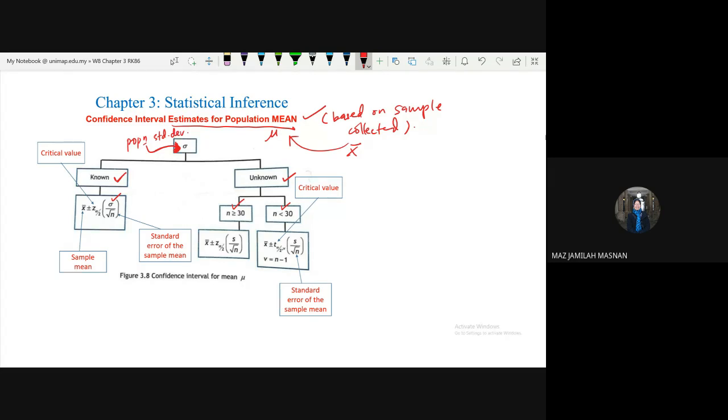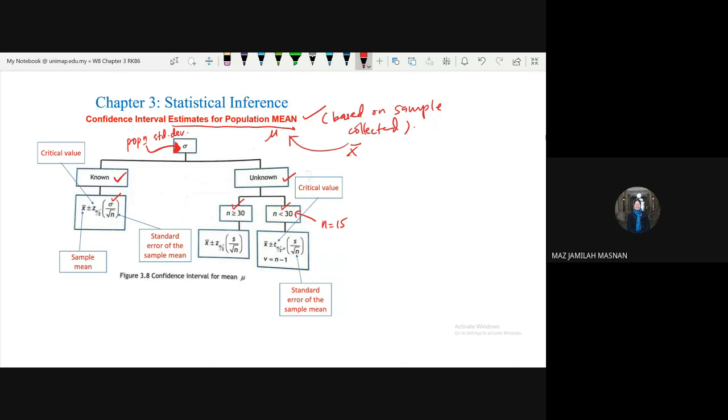Why are there such cases when you have n greater than 30 or less than 30? Now, class, remember, for example, if you're talking about an experiment that involves very expensive materials and the procedure is very fragile, there will be times where you need to rely on a very small sample. For example, n may be only 50.